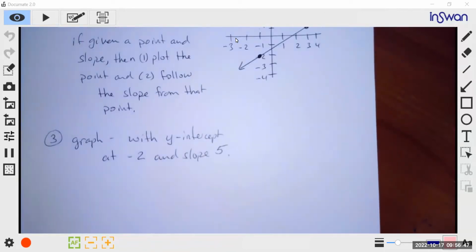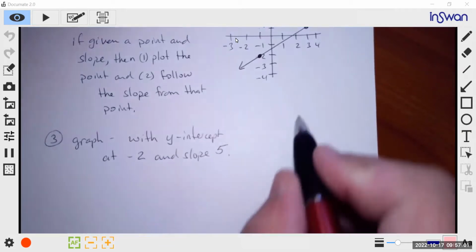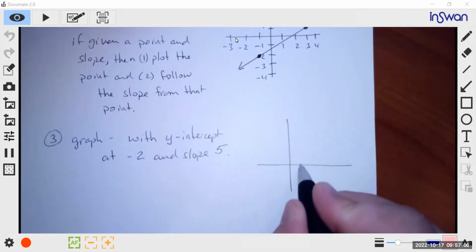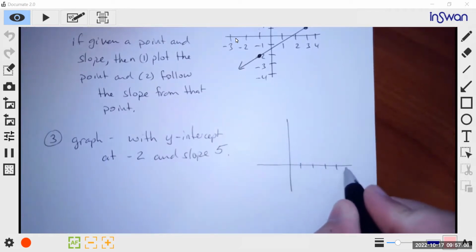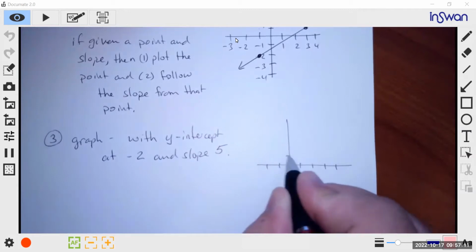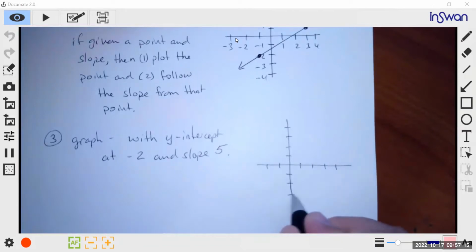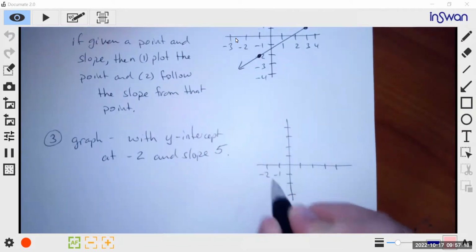Okay, next, I'm giving you the y-intercept and a slope. So we make our chart.